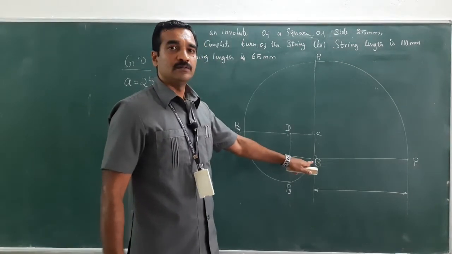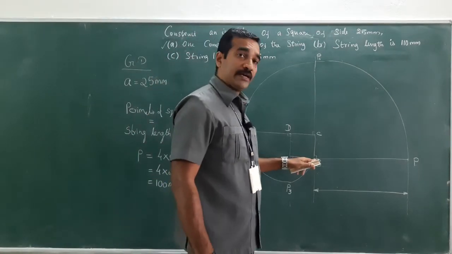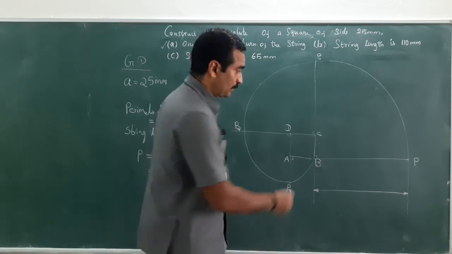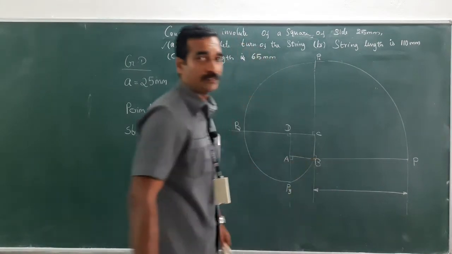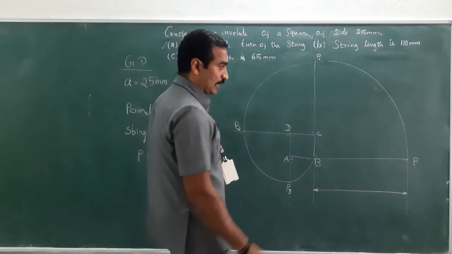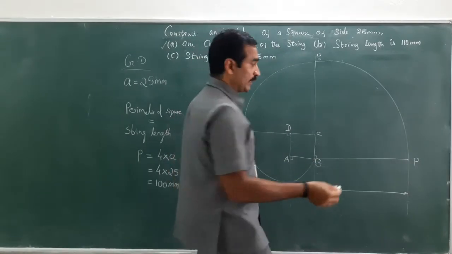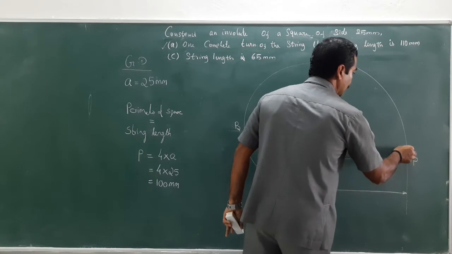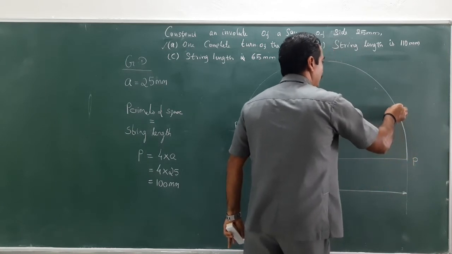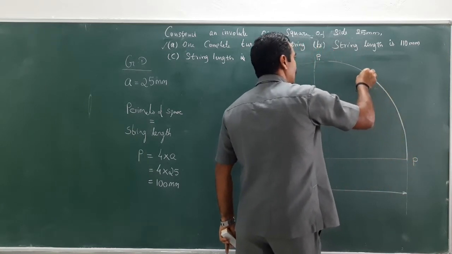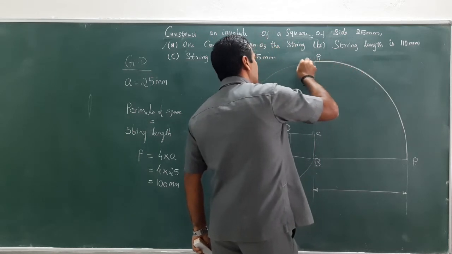It will merge where you started, at point B. Now change your pencil from 2H to HB and draw the profile dark.